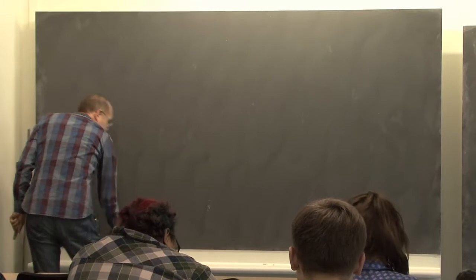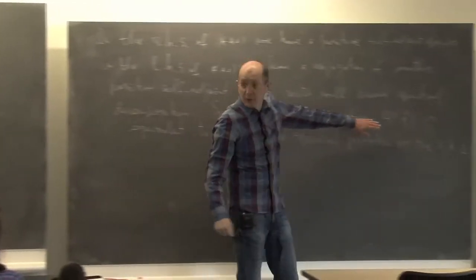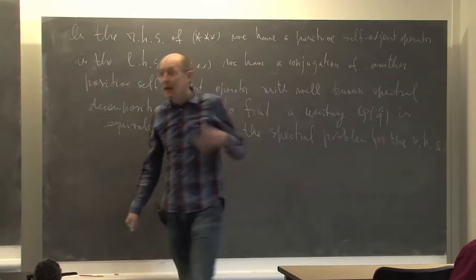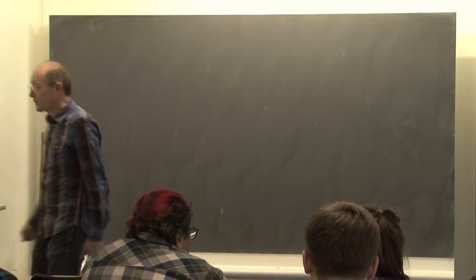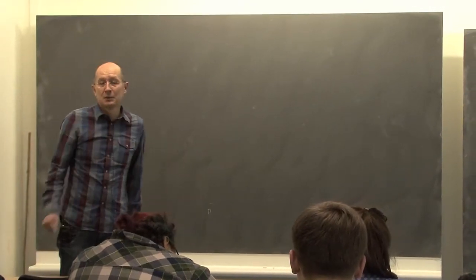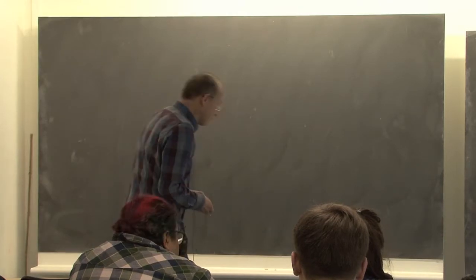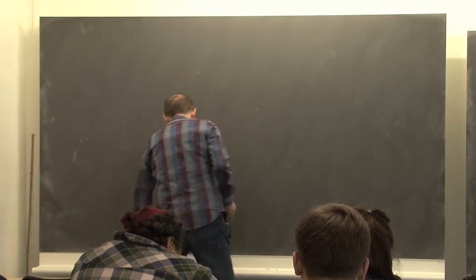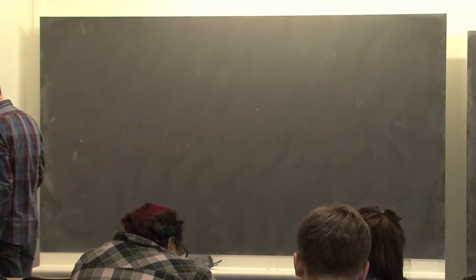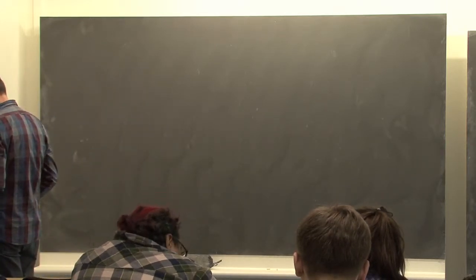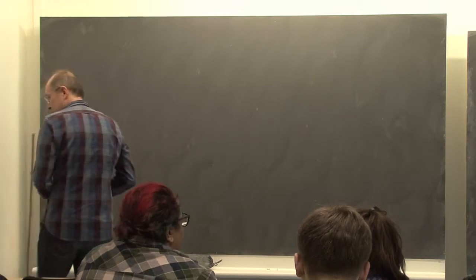And by spectral theorem, of course, if we manage to find the unitary phi of Q, then it is unique, just because the spectral problem is solved in an essentially unique way. Okay, so solving the functional equation.